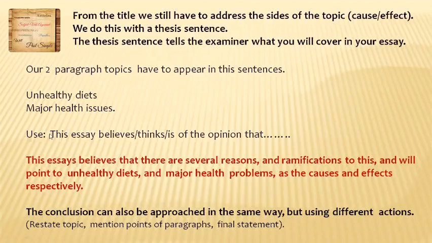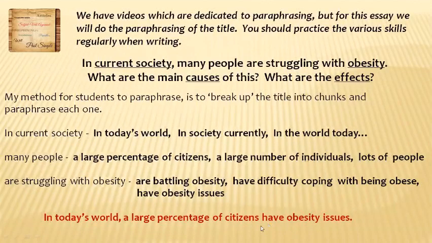So, ways to begin: this essay believes, thinks, is of the opinion. Even though they don't ask you your opinion, you could still say, this is what this essay believes are the causes. No problem with that. This essay believes that there are several reasons and ramifications to this. So we've already got the title here, obesity issues.